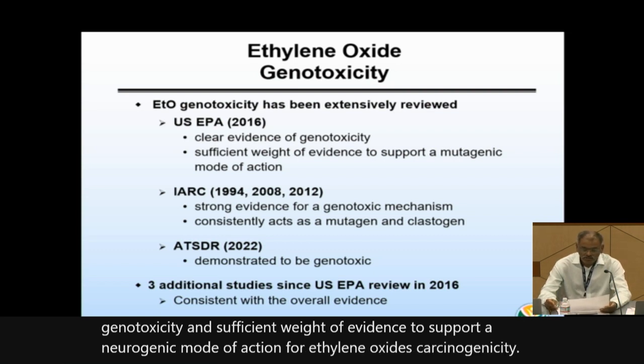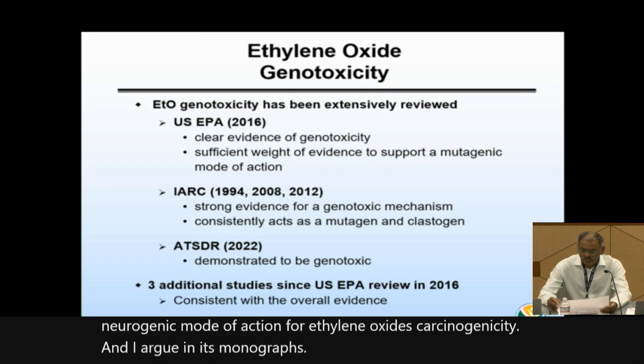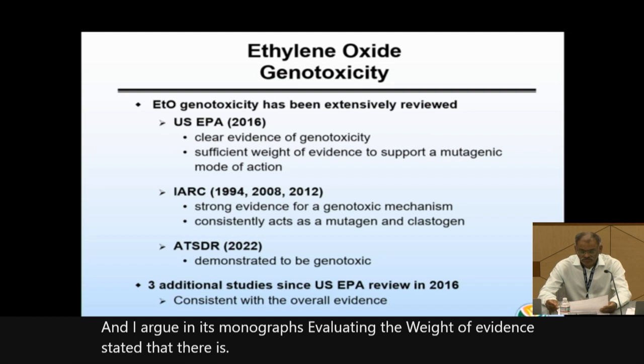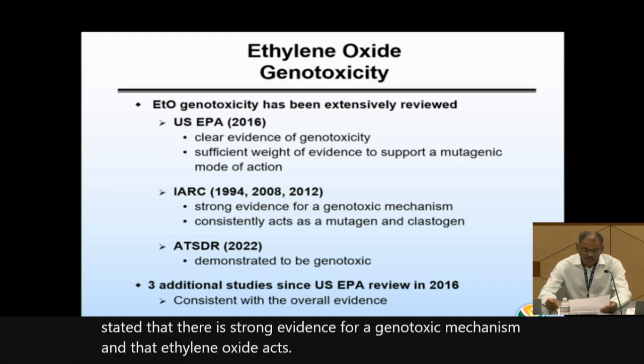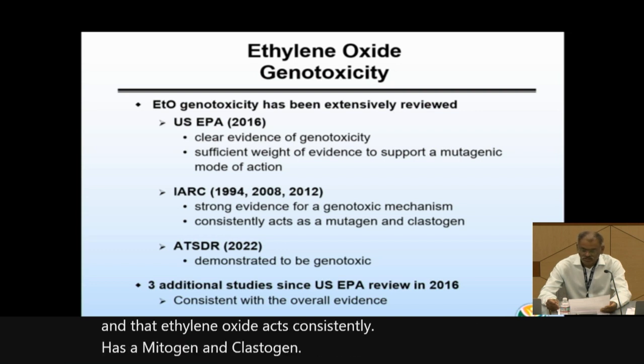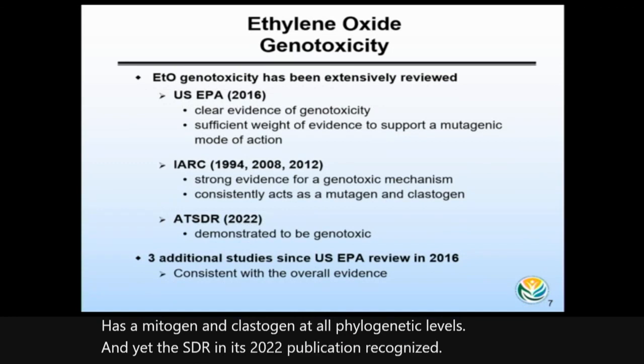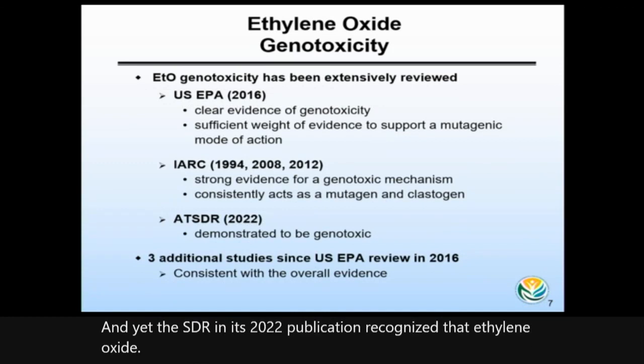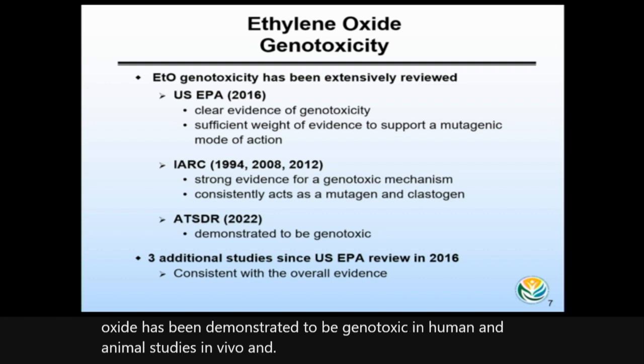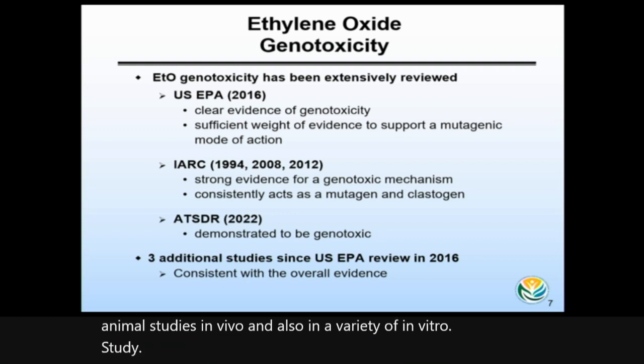And IARC, in its monographs evaluating the weight of evidence, stated that there is strong evidence for a genotoxic mechanism and that ethylene oxide acts consistently as a mutagen and clastogen at all phylogenetic levels. And ATSDR, in its 2022 publication, recognized that ethylene oxide has been demonstrated to be genotoxic in human and animal studies in vivo, and also in a variety of in vitro studies and systems.